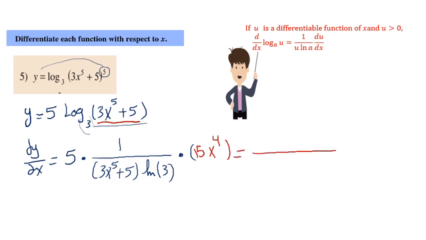So let's simplify it. 15 multiplied by 5 is 75x to the power 4 over (3x to the power 5 plus 5) ln 3.